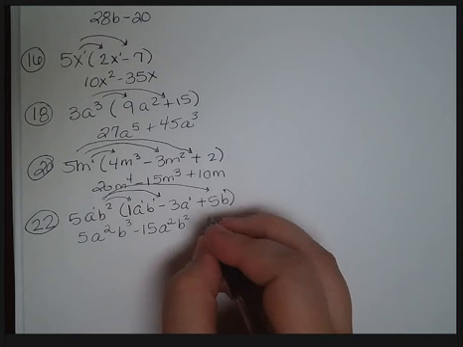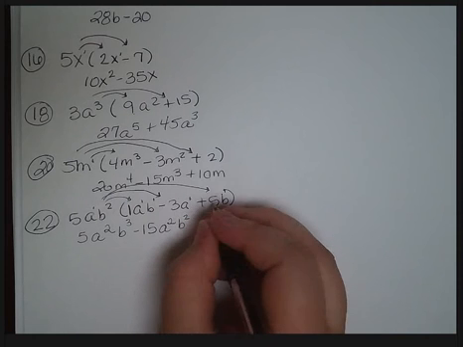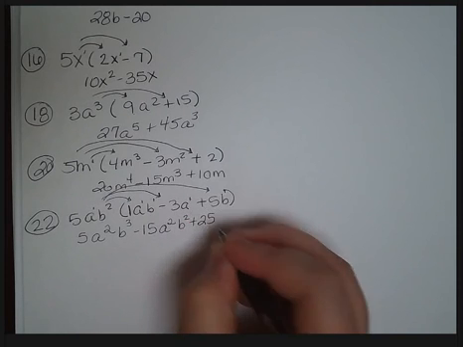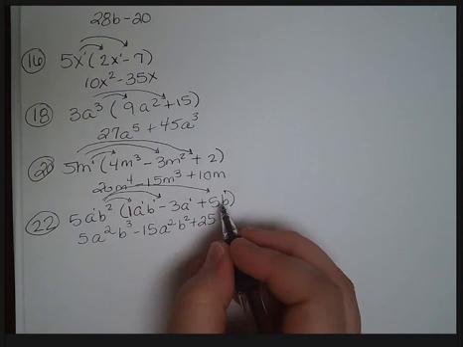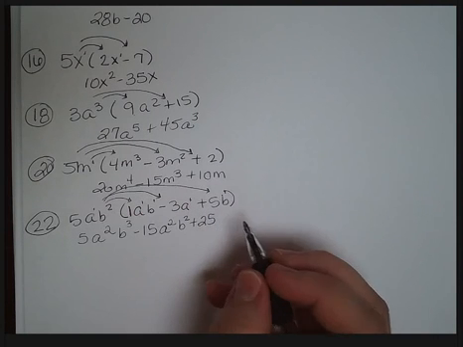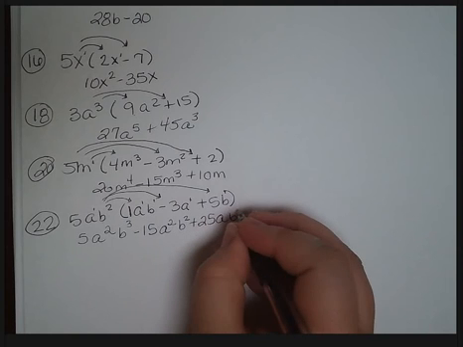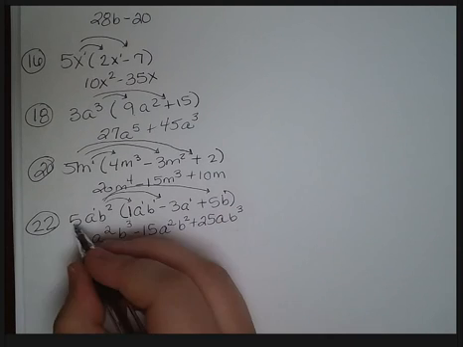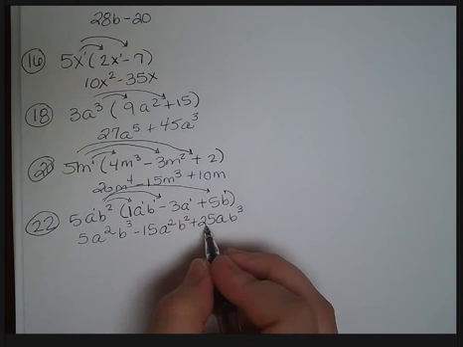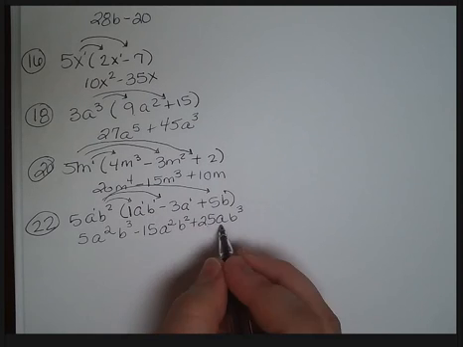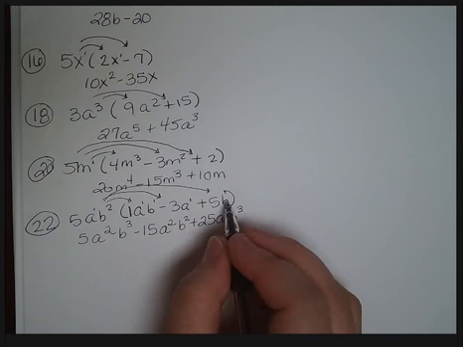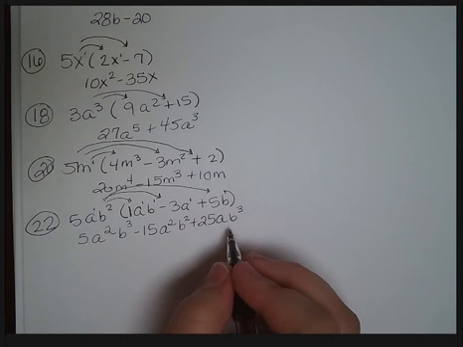Then 5 times 5 is going to give us a 25. And then 5ab squared times that b is just going to give you that ab to the third. Because 5 times 5 gave us the 25. There was no a to multiply with these, so you just bring it down. And then b squared times b to the first is b to the third.